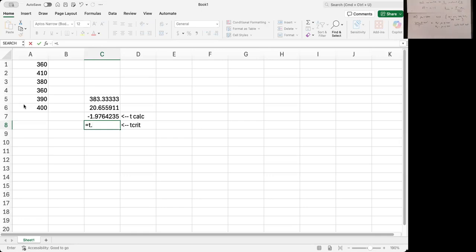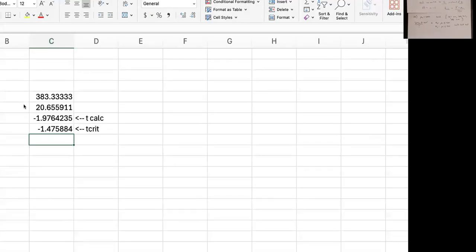T.INV, there it is. Notice there are two versions. There's a T.INV and a T.INV.2T. So if I tell it I want to do the inverse, I want an area of 0.1. That's my significance. And then my degrees of freedom goes next. In absolute value, which is bigger, my calculated or my critical?